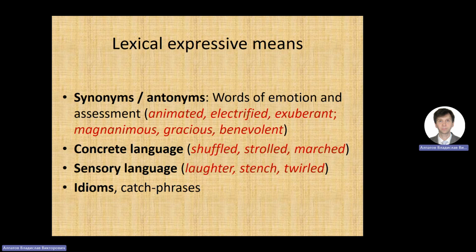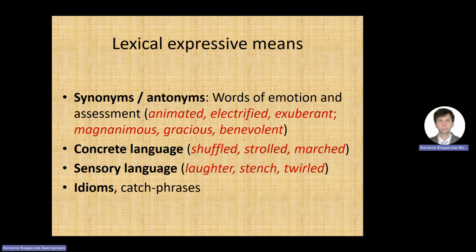It's in the dictionary meaning of these words. Such words as animated, electrified, exuberant, magnanimous, gracious, benevolent. So all these nice, beautiful words which imply some assessment or emotion, they are there for us to borrow and make our speech more expressive.